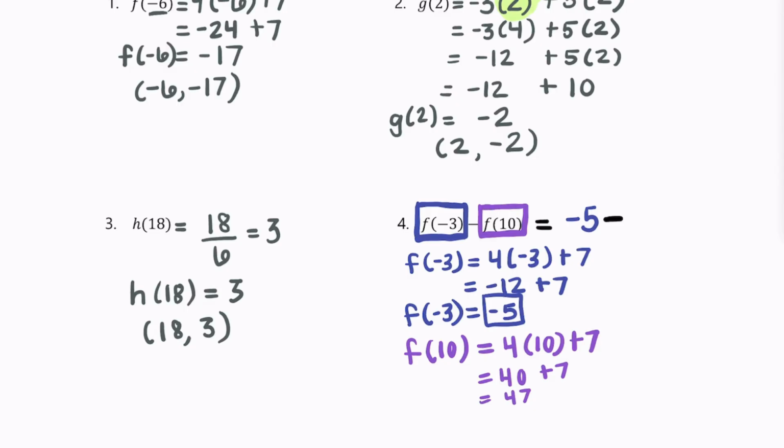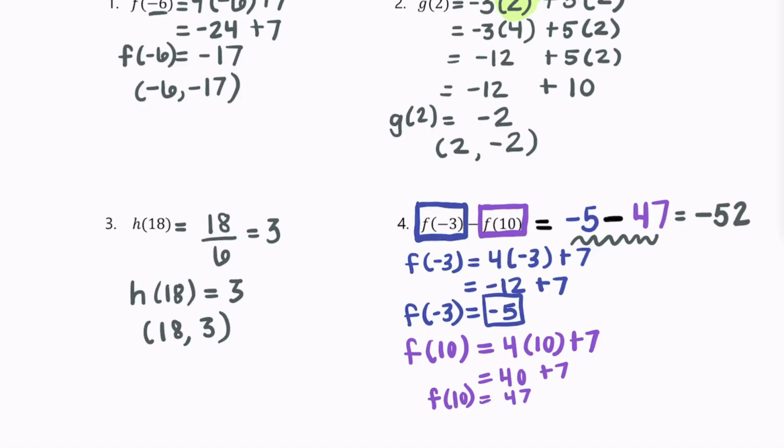So once again, I'm going back to this box, making it thicker. I can now take f of 10 out, and in place of f of 10, I can put 47. If it was negative 47, I'd put negative 47. And now all we're doing is just simplifying this. We're saying, okay, what's negative 5 minus 47? And that answer is negative 52.